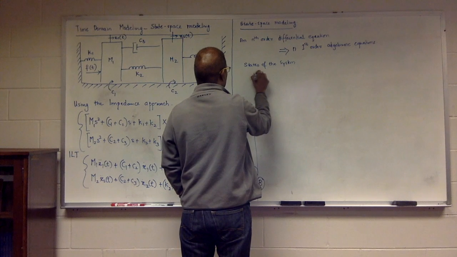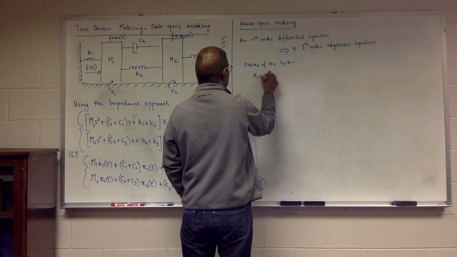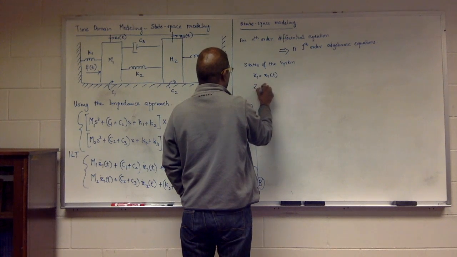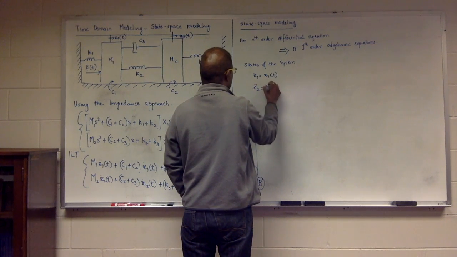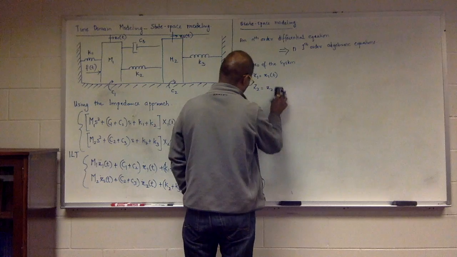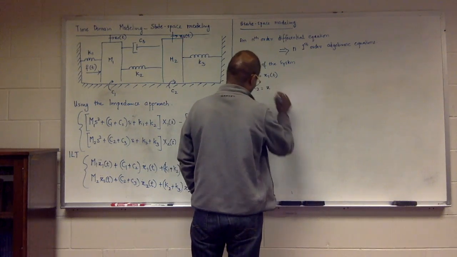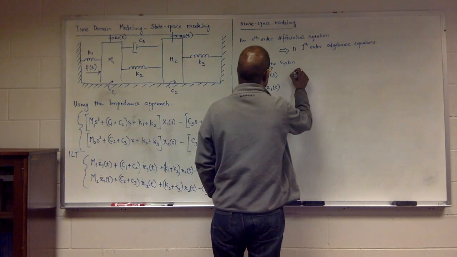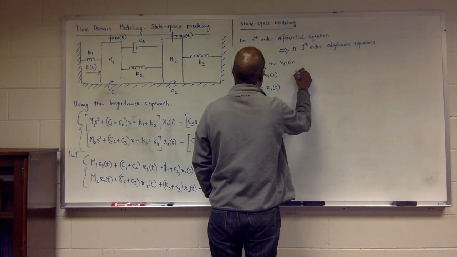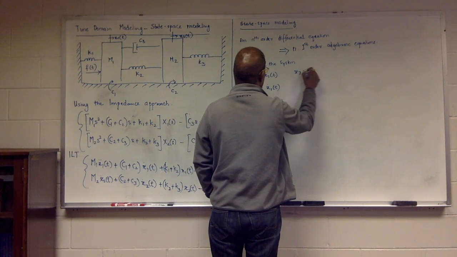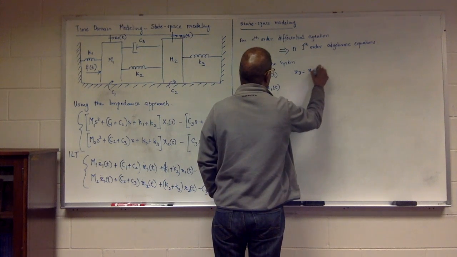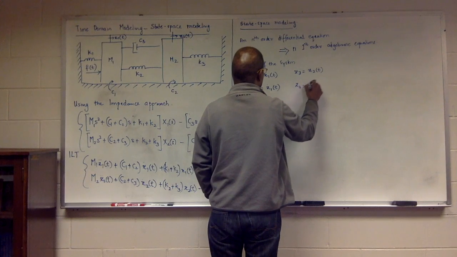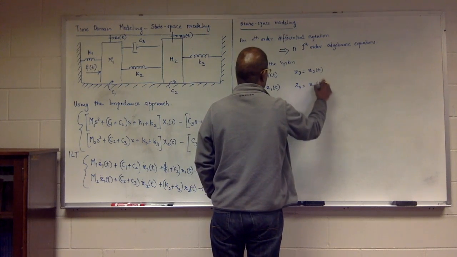Okay. Let's define z1 equal to x1 of t, z2 equal to x1 dot of t. Similarly, z3 is x2 of t, z4 is x2 dot of t.